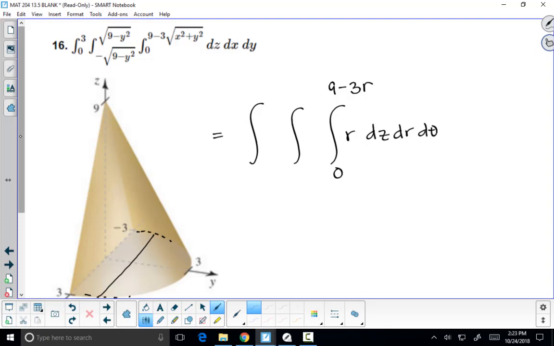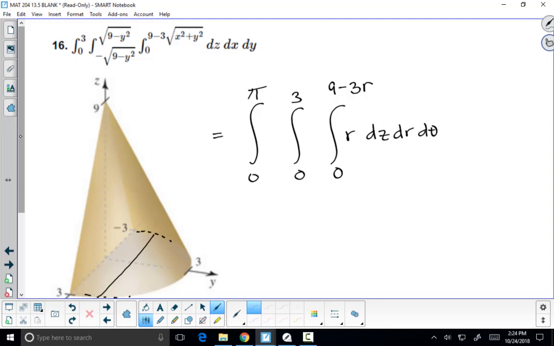But if we switch it to r, what does r do? R is going to go 0 to 3. And then 0 to pi for that one. Oh, that's the angle. Yep, angle 0 to pi, radial distance starting from the origin going out to a distance of 3.